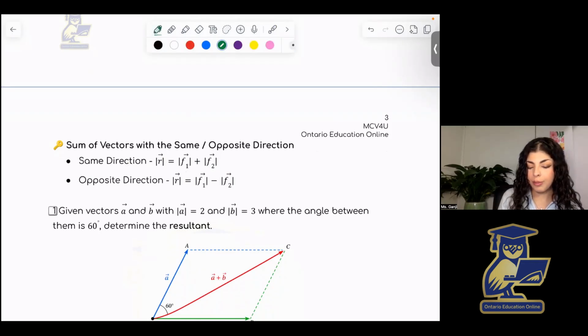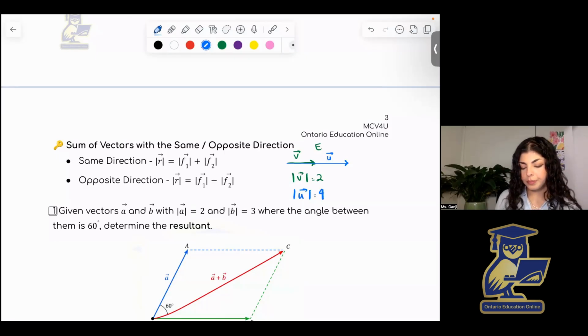So if you, for example, have one that's going, and these are both going east, this one has a magnitude of, let's say this is V, and V is 2. And then you also have another one that's going like this, and this is U, and we know that U is perhaps 4.